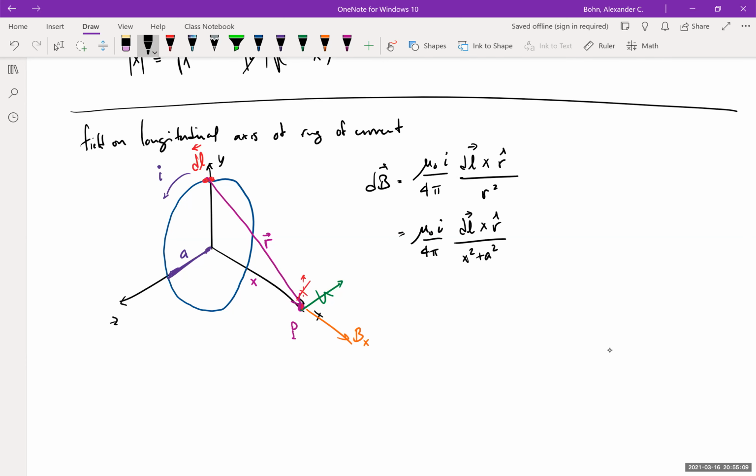Now, dl, its magnitude is just dl. The magnitude of r hat is 1, and we need the sine of the angle between those two things.